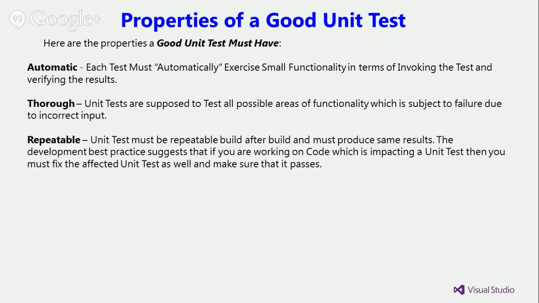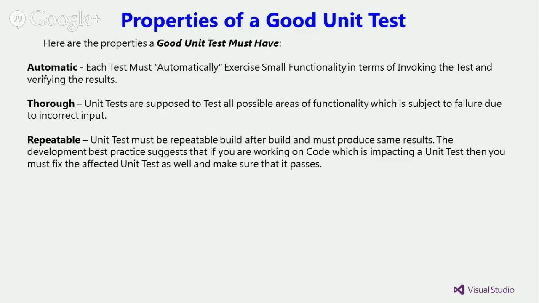Unit tests are supposed to be repeatable. Repeatable means, if you remember, earlier I said that your tests have to make sure that there is no collateral damage. How do you verify there is no collateral damage? The technique for that is, once a team has written a unit test suite, the team runs it daily.